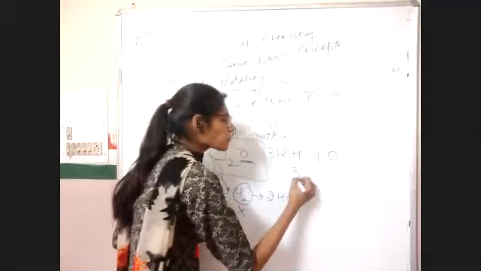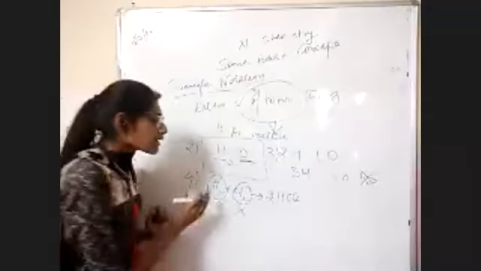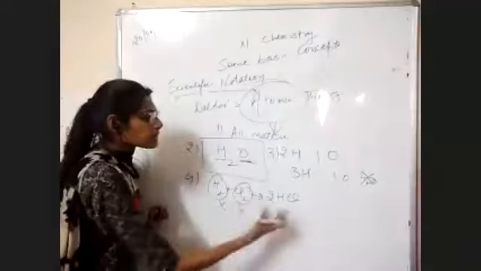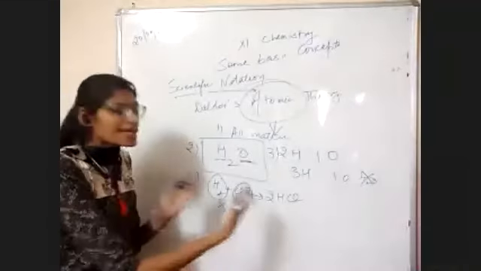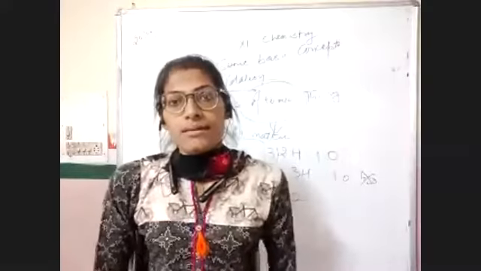Hydrogen and oxygen have their own unique properties. And lastly, he said there is no destruction of atoms in a chemical reaction. There is only reorganization, only rearrangement of the atoms and molecules in a chemical reaction.